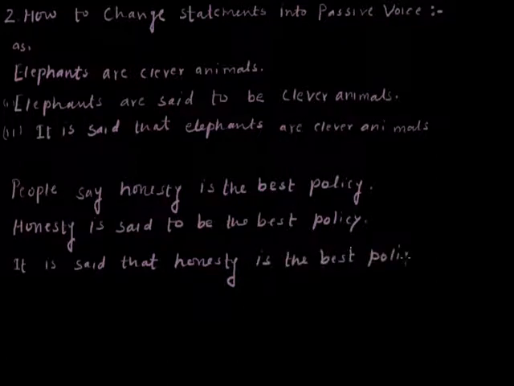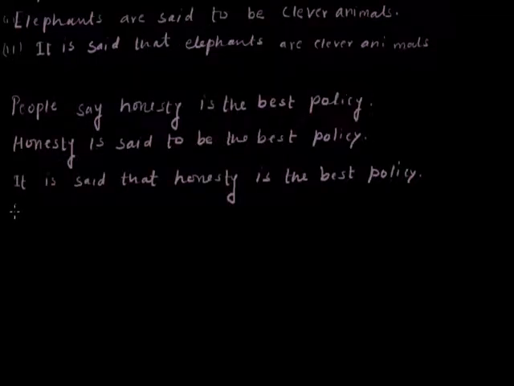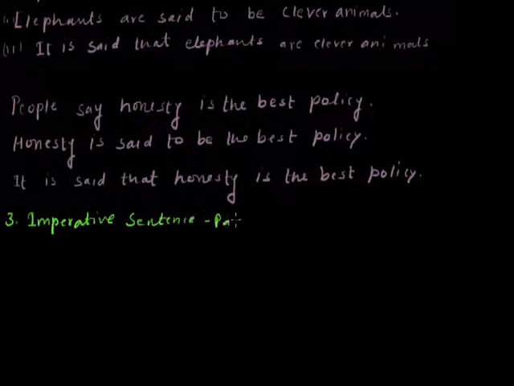Okay, now we come to the imperative sentences which are also changed into the passive voice. Let's see how the imperative sentences are changed into the passive voice. We all know that imperative sentences are the sentences which begin with a verb and which give the sense of a request, order, command, prohibition, advice, suggestion, etc. So first let's understand what an imperative sentence is.